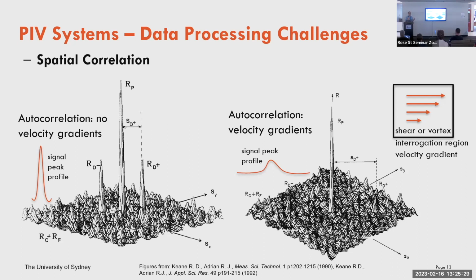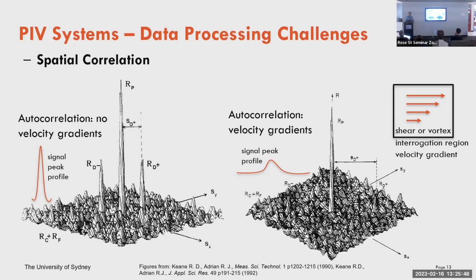So the signal peak falls off, and there is a signal peak on the right-hand correlation plane, but it's much lower because the energy in the signal peak is now smeared out, and the signal peak height falls with the spatial gradient, and that can severely affect your accuracy.